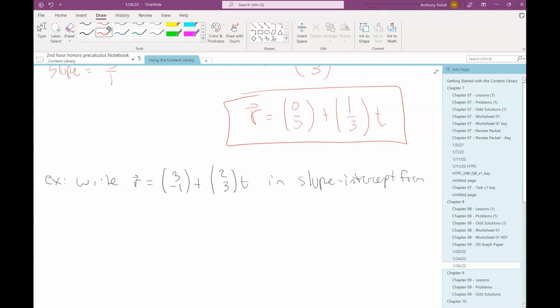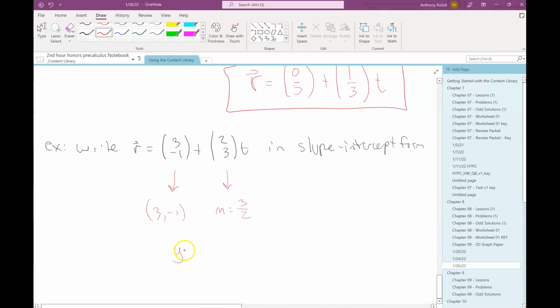A point and a slope. So my point is going to be (3, -1), and my slope is going to be 3/2. Everybody feel good with that?